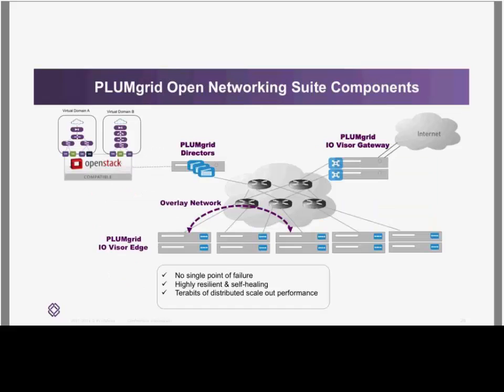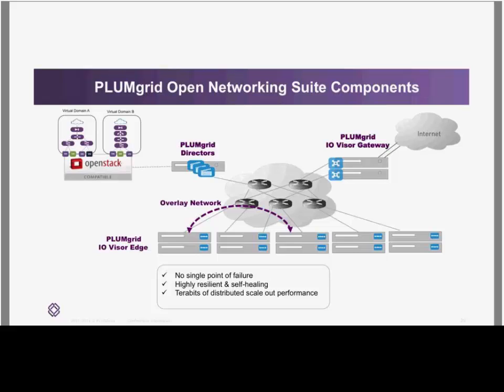Now, if we dig a little deeper to give you a feel for how we make all this magic, distribution and performance, happen, there are 3 pieces of the puzzle. The first one is what we call the PLUMgrid Director. Think about the PLUMgrid Director as the brain of the PLUMgrid system. It's always deployed as a cluster, so it's fully highly available.